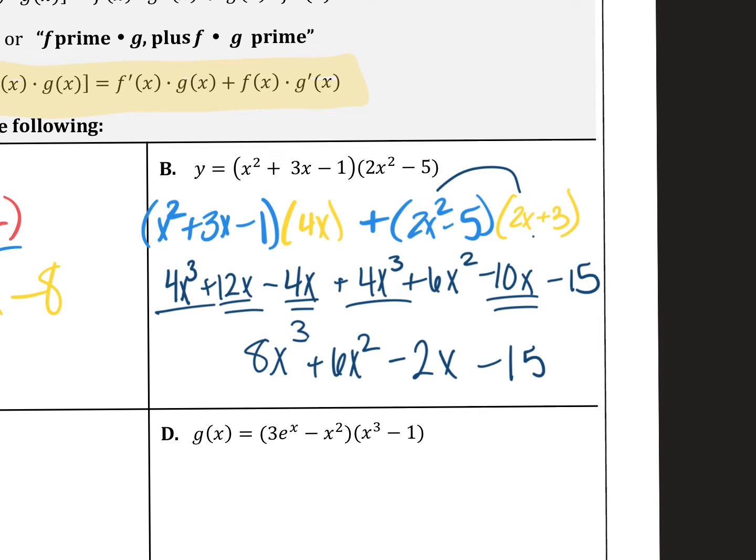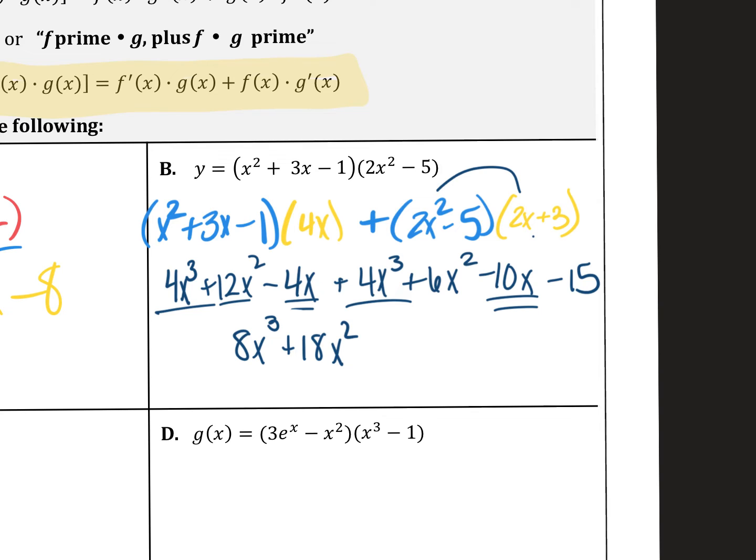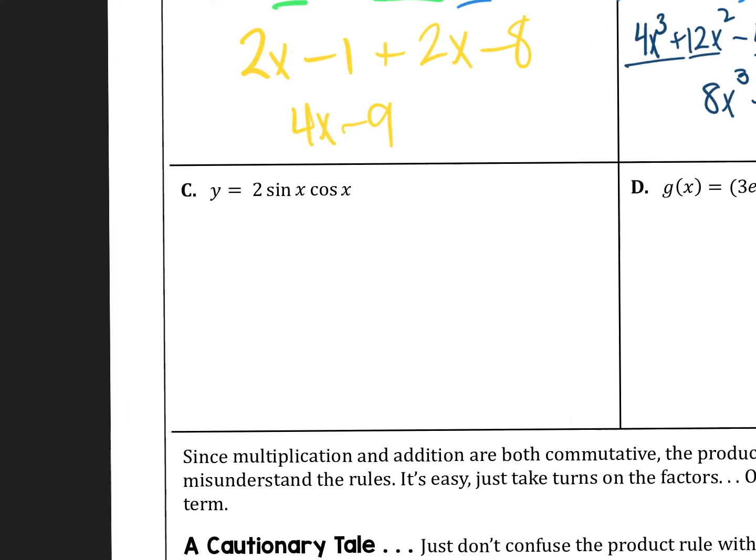Oh, it is, which messed up my entire thing. Hold on. Thank you. So then that is an 18x. So 8x cubed plus 18x squared minus 14x minus 15. Sorry. All right, let's look at example C.